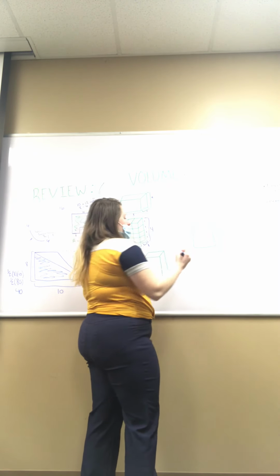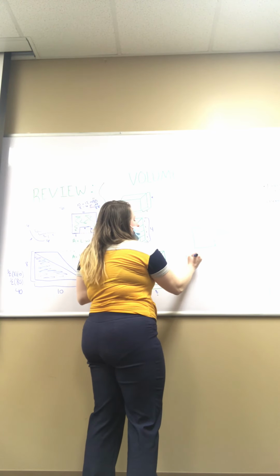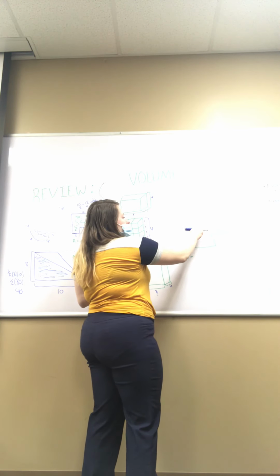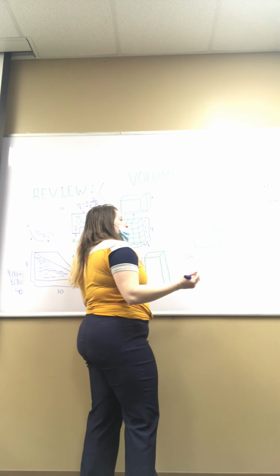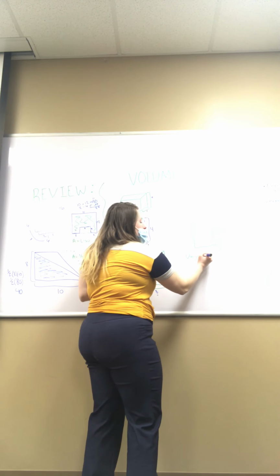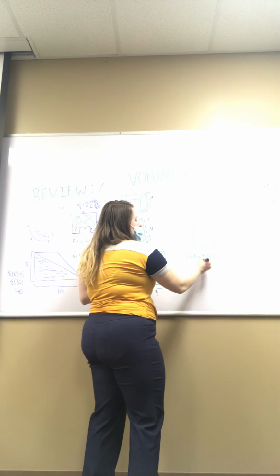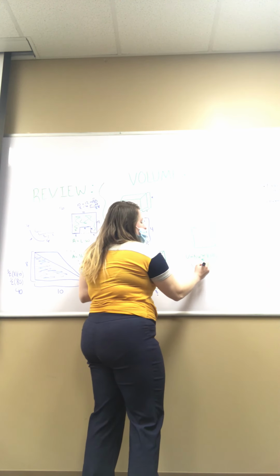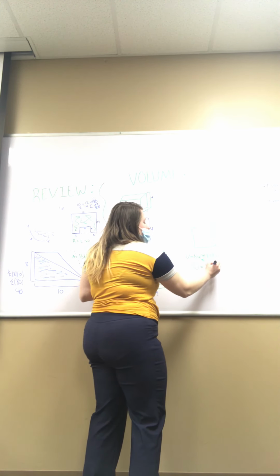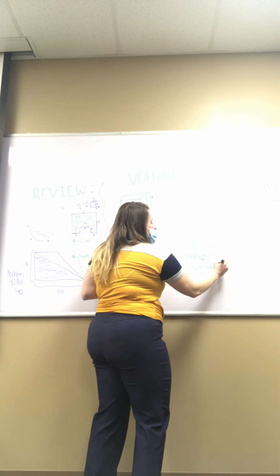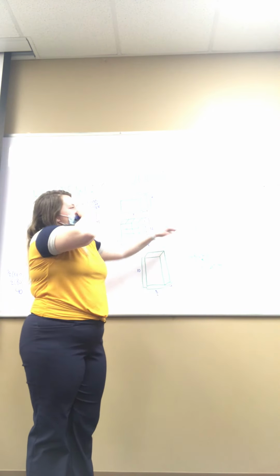All right, so now we'll do V equals, how do we find this? Yep, what's 4 squared? 16 pi, yep, times 10. We'll do our distributive property. V equals 160 pi. And that's our volume for the cylinder.